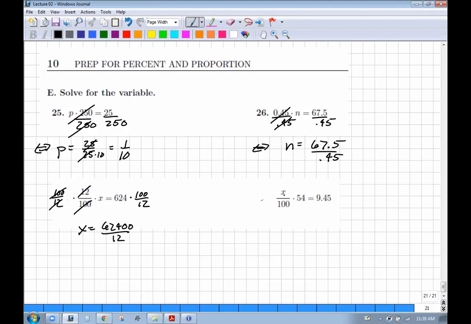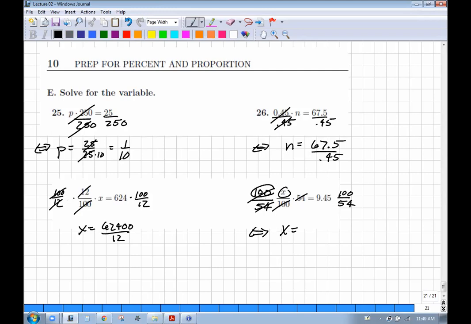All right, the x is being multiplied by a 54 and divided by 100. Well, if it's multiplied by a 54, we need to divide by a 54. If it's divided by 100, we need to multiply by 100. So you see the 54s cancel, the 100s cancel, and we're left with x equals, I'm missing my 100, right?